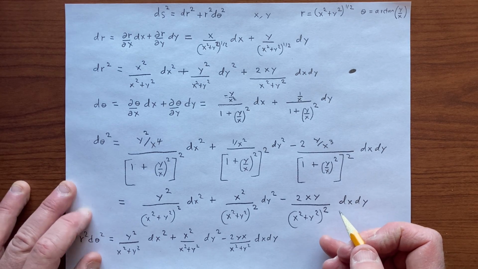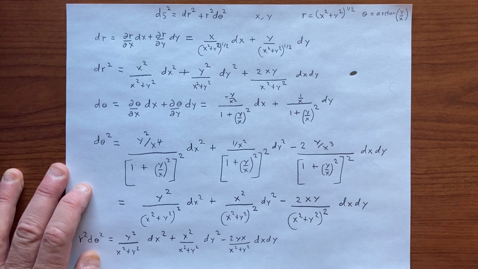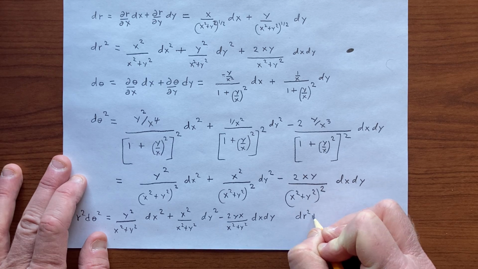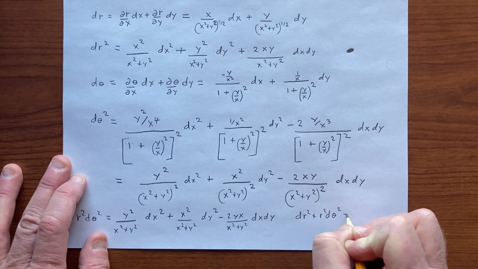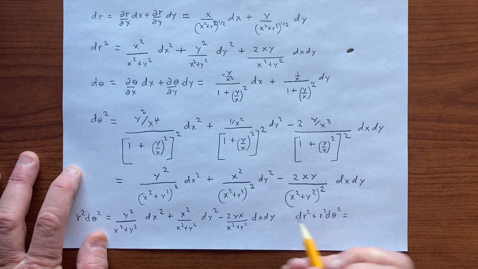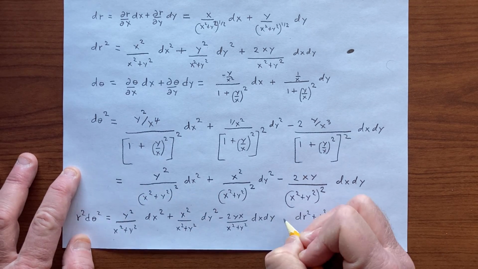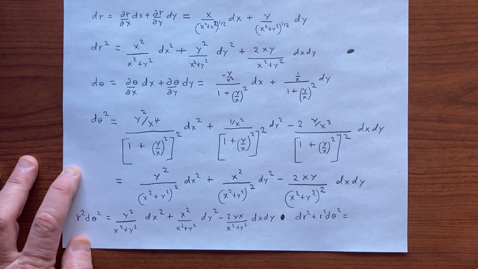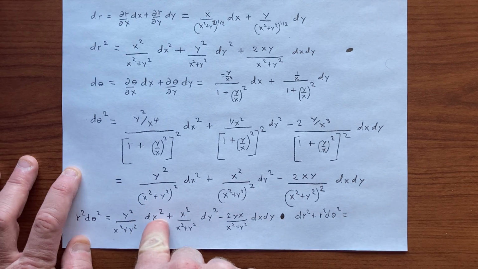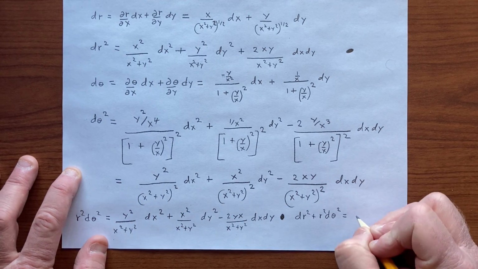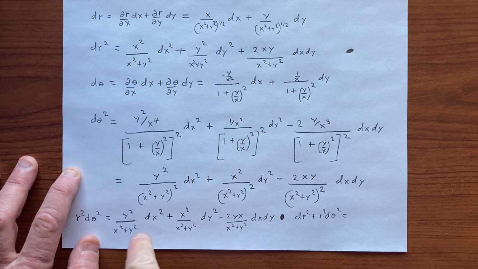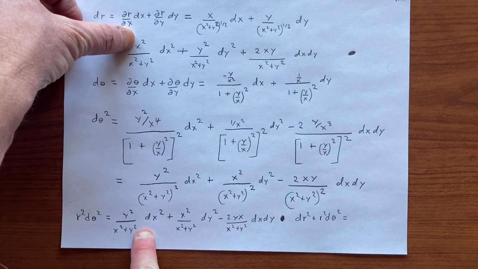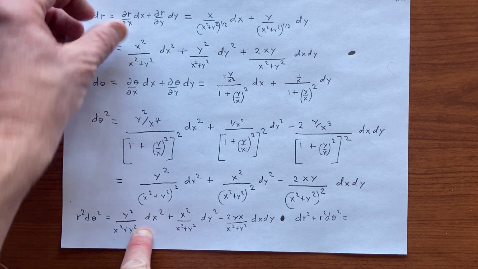And we can now add these together, dr squared plus r squared d theta squared is equal to, so we're going to add this thing to this thing, and so the dx squared has in front of it x squared plus y squared over x squared plus y squared.